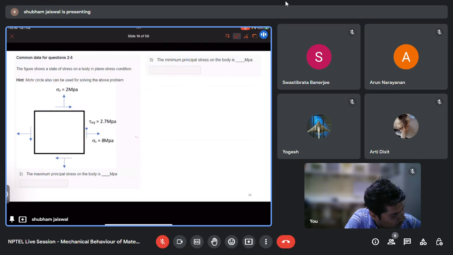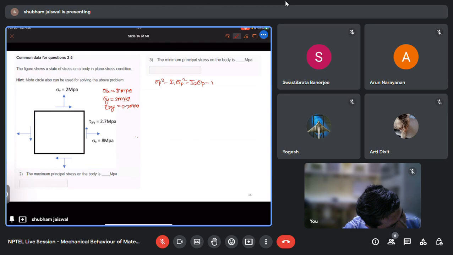Here sigma x is given as 8 MPa, sigma y is 2 MPa, and tau xy is 2.7 MPa. So we'll use the equation sigma p cubed minus I1 sigma p squared minus I2 sigma p minus I3 equal to 0.